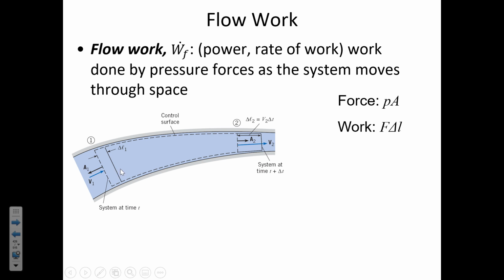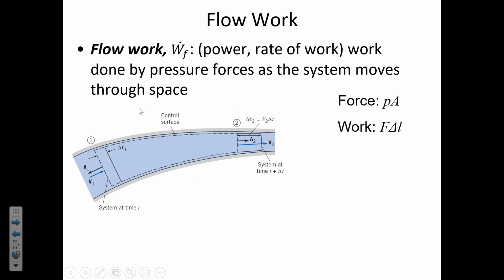So remember that the Reynolds transport theorem was the idea that we would just define a certain location in space and keep track of the flow in and the flow out through control surfaces, and then consider whether there's any accumulation inside of the control volume that's enclosed by the control surfaces.